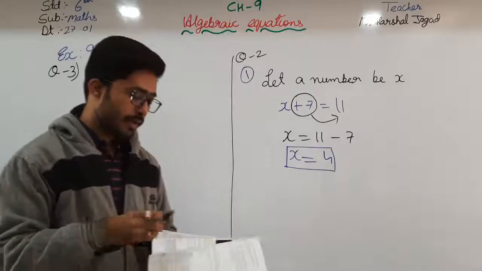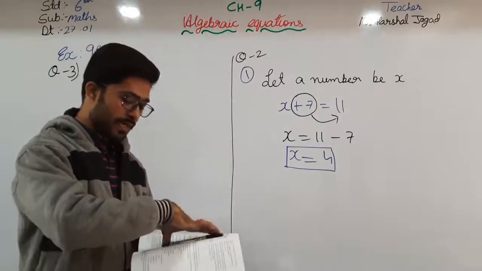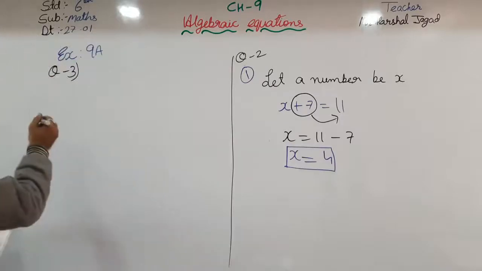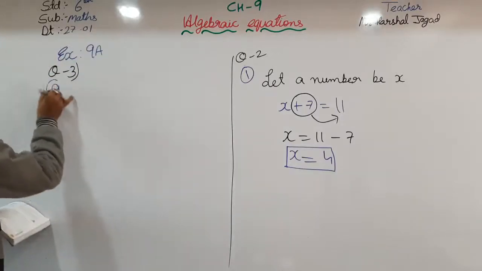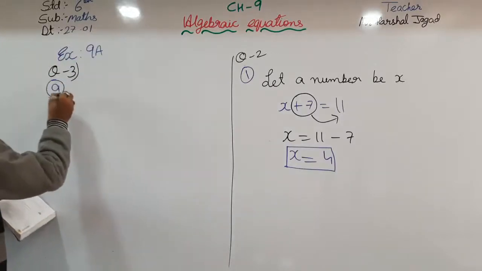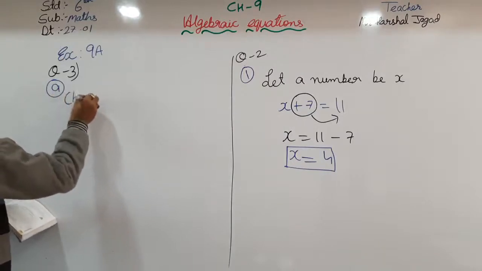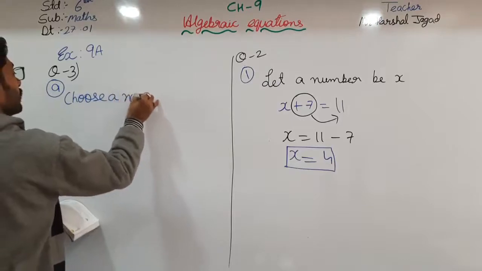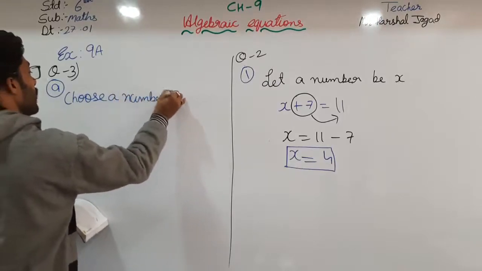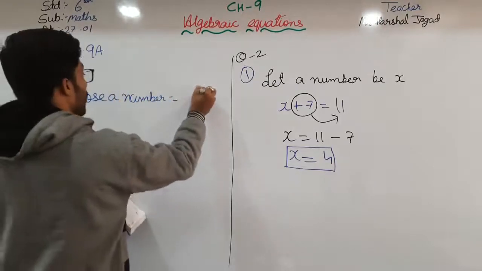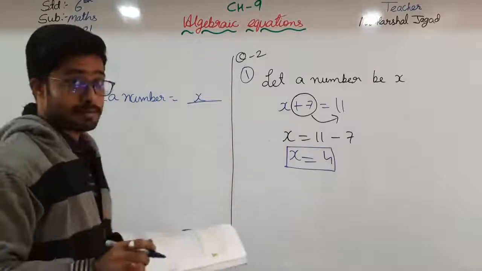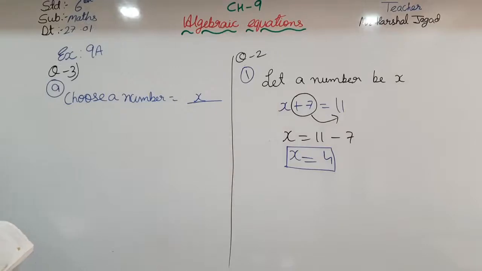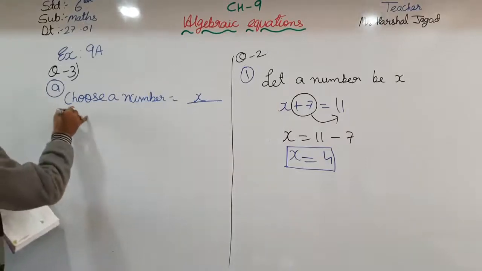Okay students, so here I will do A, and B you have to do by yourself. So question number 3, A. First of all I am just writing here, choose a number, which they have told us, that is x. Then they have told us to multiply it by 4.